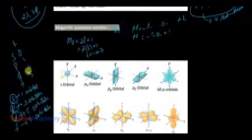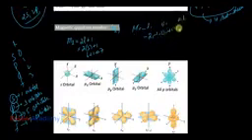In the same way, if L value is 2, M can take values from minus 2 to plus 2. How many values? 1, 2, 3, 4, 5. So D subshell splits into 5 orbitals.